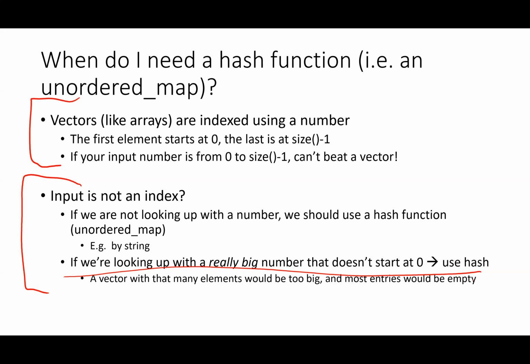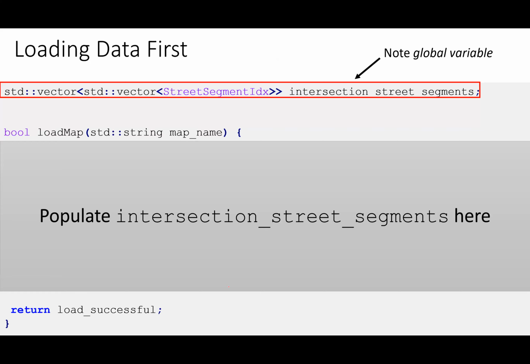You can't make a vector that big. Okay, so the OSM IDs, for example, are 64-bit integers. You cannot make a vector that is big enough to store 64-bit integers. Well, that has all the entries for 64-bit integers. It's an unimaginably big number. Can't do it. Okay, so there are cases where you have to use an unordered map, but in the case I just showed you, it's not one of them.